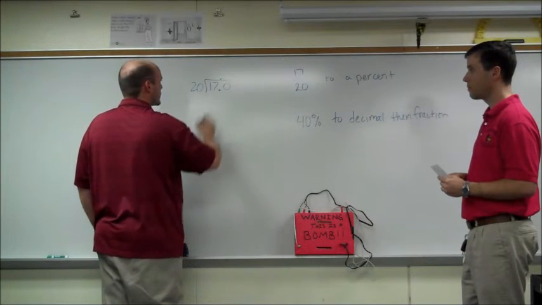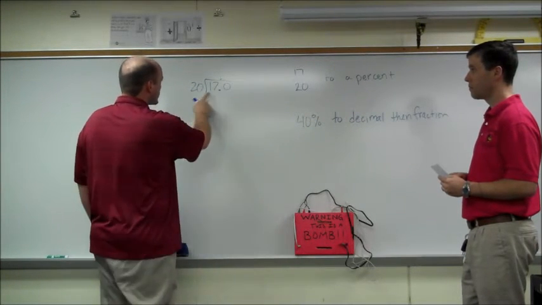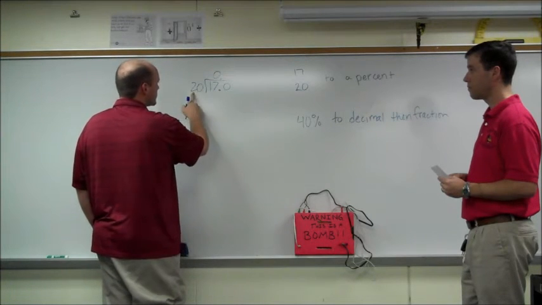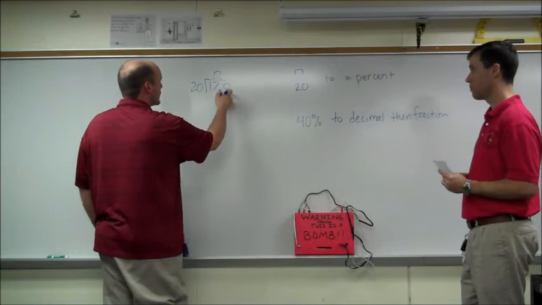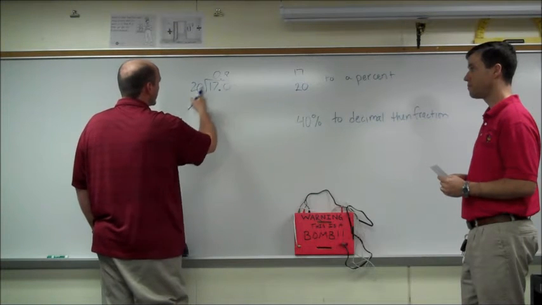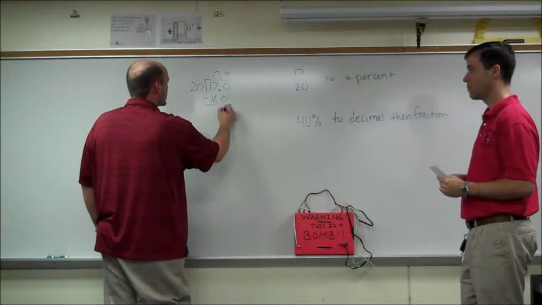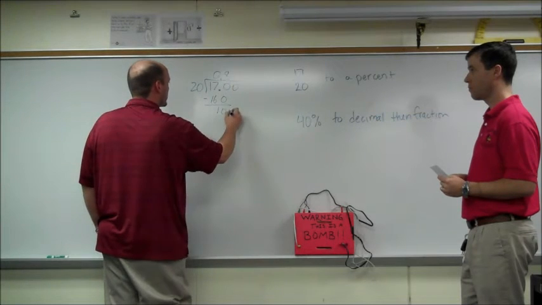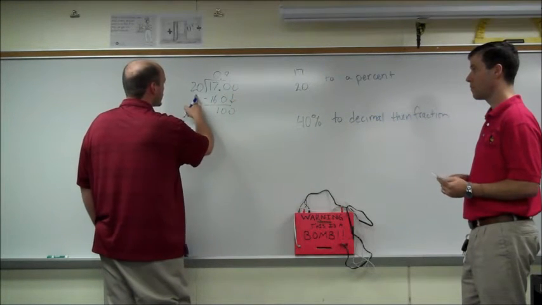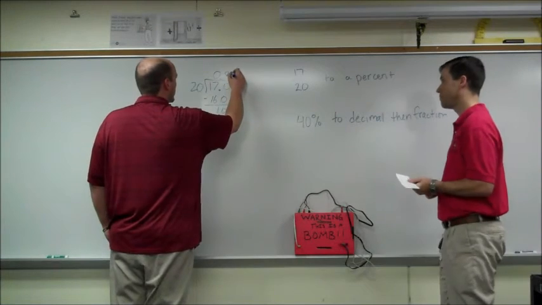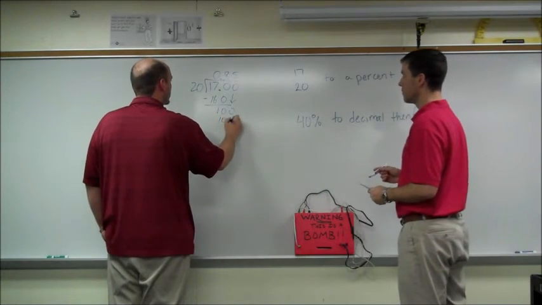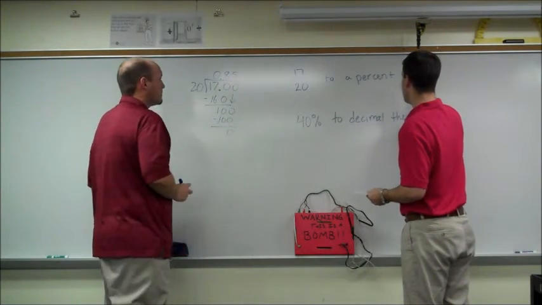My decimal point's going to go straight up. 20 goes into 17 0 times. 20 goes into 170 8 times. 8 times 20 is 160. I subtract, I get 10. There's another 0 there that I can bring down. And 20 goes into 100 5 times exactly. So you think the answer is 85%.